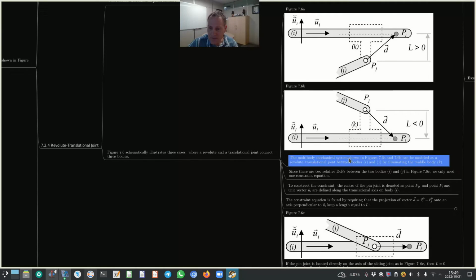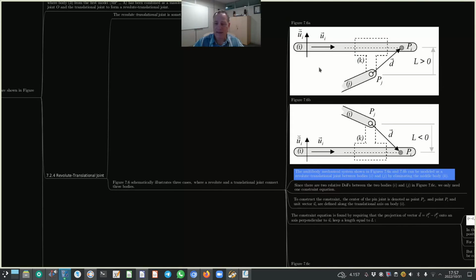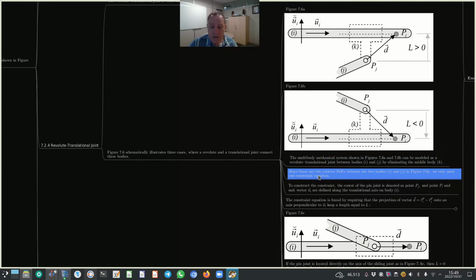The multi-body mechanical system shown in figure 7.6a and 7.6b can be modeled as a revolute translational joint between bodies I and J by eliminating the middle body K. Since there are two relative degrees of freedom between bodies I and J in figure 7.6c, we only need one constraint equation.